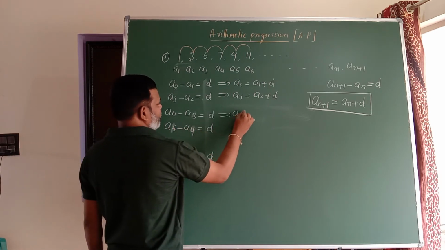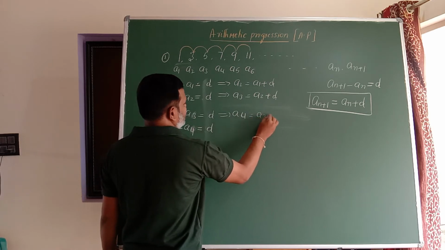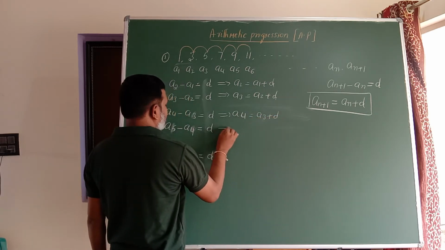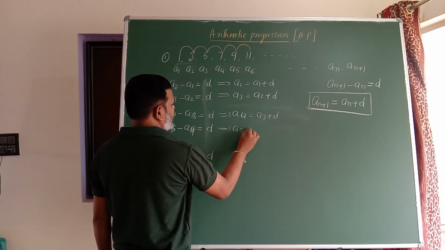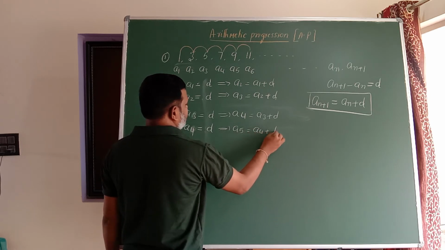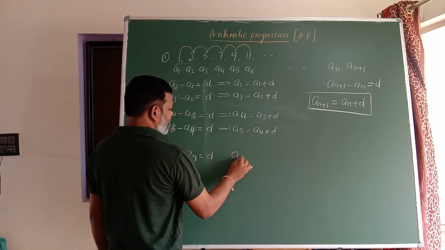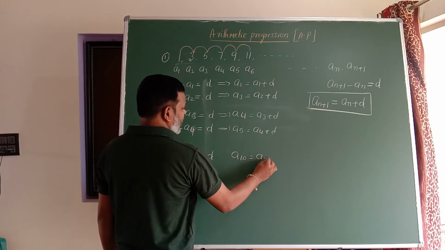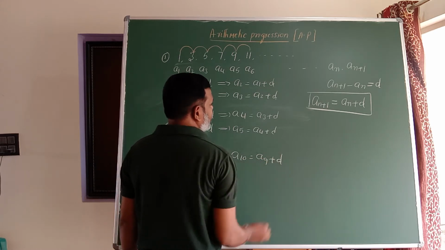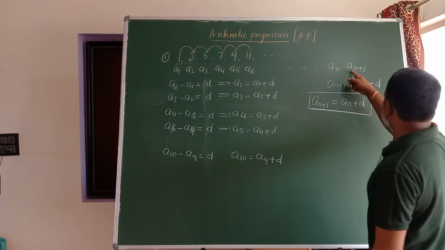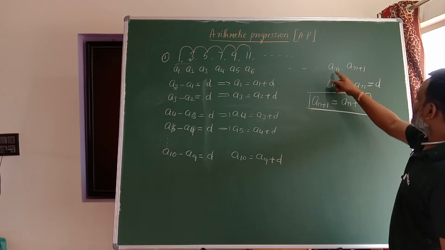Here A4 can be written as A3 plus D. So similarly A5 is equal to A4 plus D. What is the sense here? A10 is equal to A9 plus D. So in the same sense, AN plus 1 is given by AN plus D.